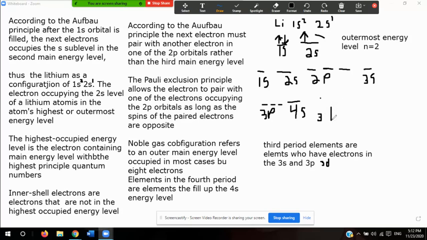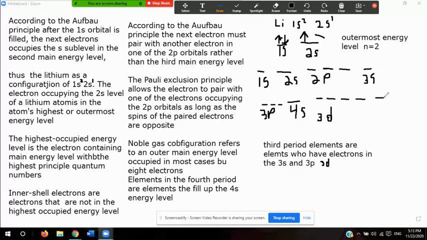And the d orbitals have 5 sublevels, so they can hold up to 10 electrons. And because the principle states that they have to go from a lower energy level to a higher energy level, once the 3p orbitals are full, they'll go up to 4s, and then they'll continue to 3d. And if you look at figure 3.5, 3d, 4p, 4s, and so on and so forth, right?